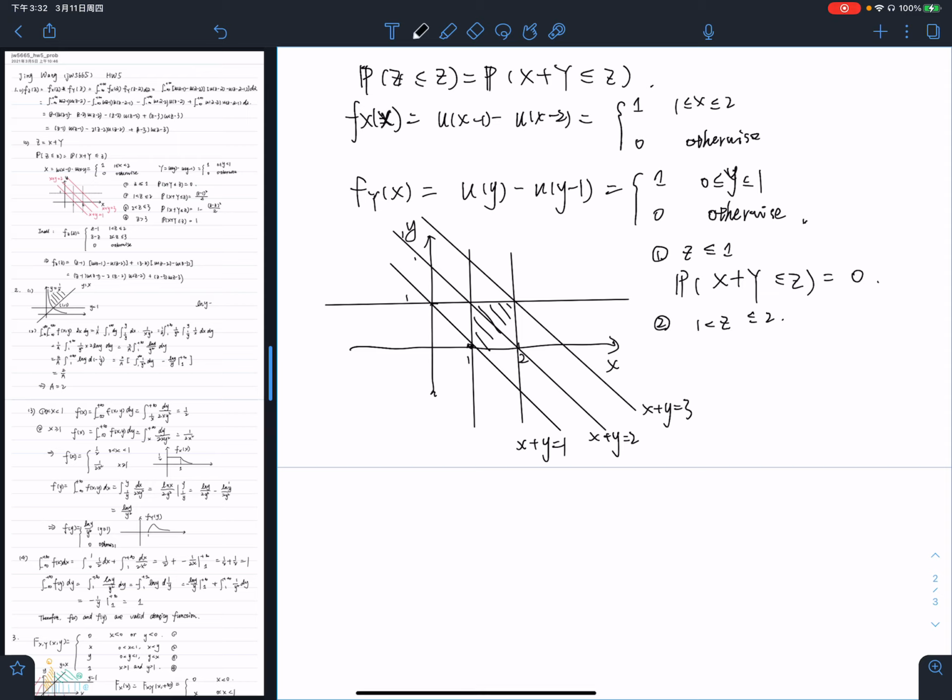If z is smaller than 1, the line will be on this part, and it will never cross the shaded area, so it will be 0. If z is larger than 1 and smaller than 2, the line should be in this area.